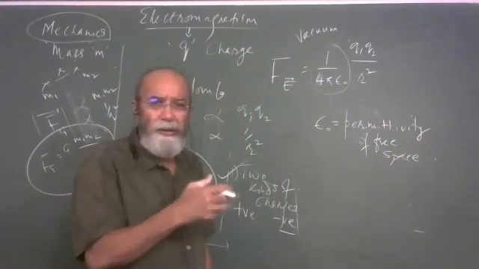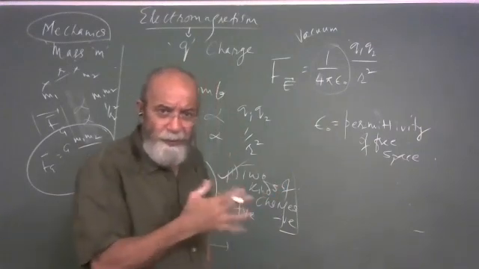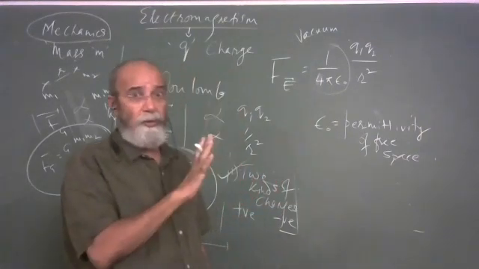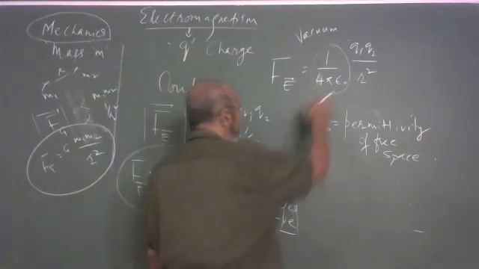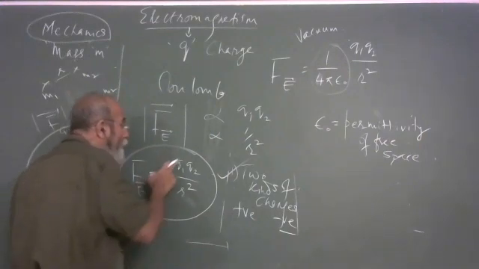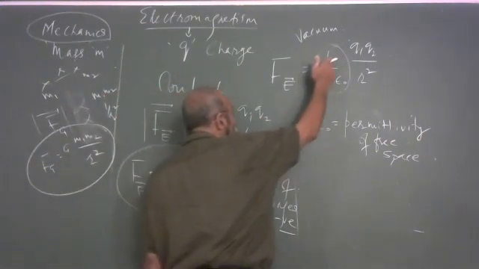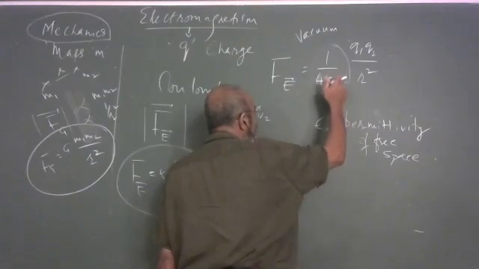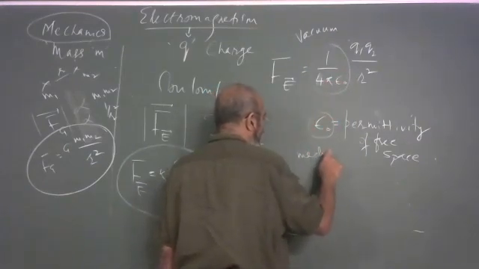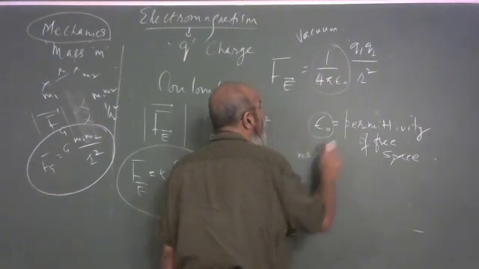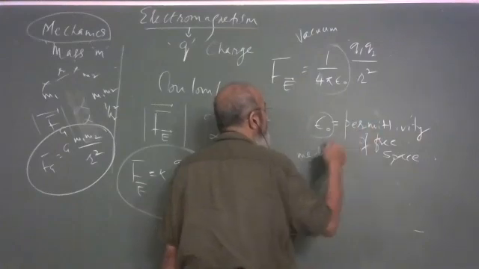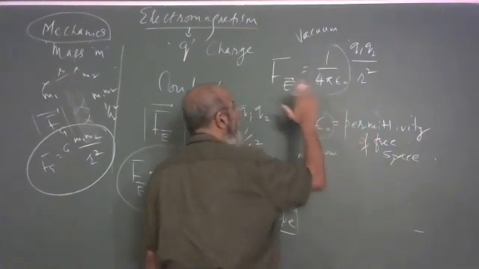Permittivity, something to do with permission, something to do with something permitting. And I told you that this K had something to do with the medium. This is something to do with the medium. It is the permittivity of the medium, which is the free space, that's the vacuum.